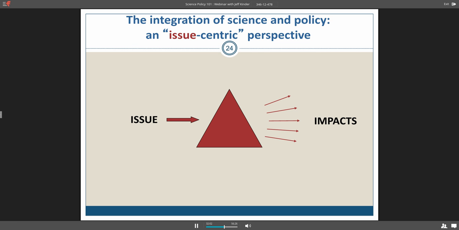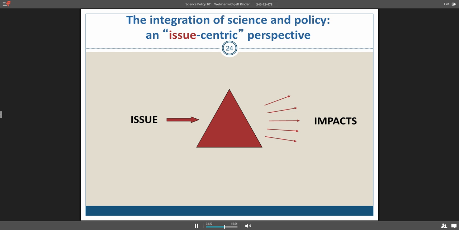This is how things often work in government: it's issue based, and an issue emerges and enters into some sort of decision making system or prism, if you will, and depending on the characteristics of that prism, you get different outcomes on the other side.